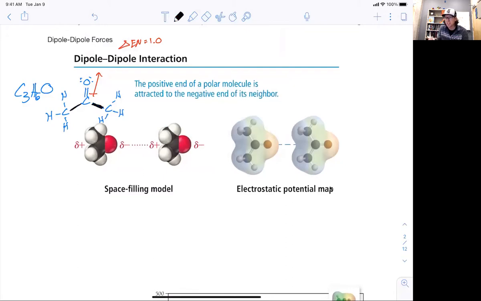And then the CH bonds, again, by definition, are nonpolar. This is, again, the example of a bond with 2 different atoms. It's a C and an H. But the difference in electronegativity is so small. Carbon's 2.5, hydrogen's 2.1, it's 0.4. Remember, if the difference in electronegativity is 0.4 or less, it's just nonpolar. And so we won't draw a dipole moment on here.